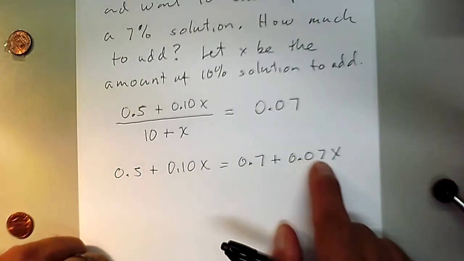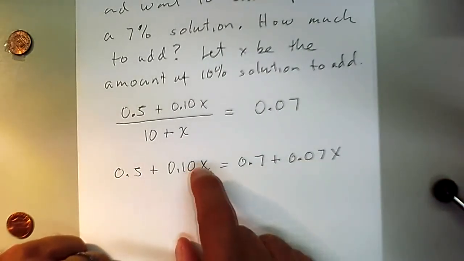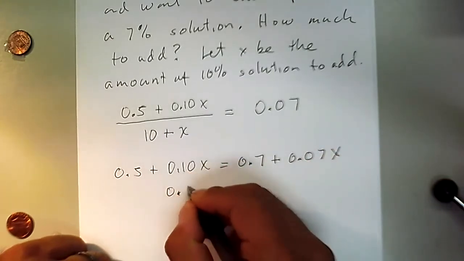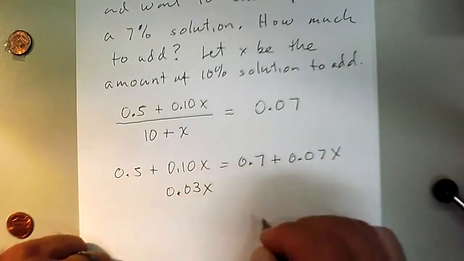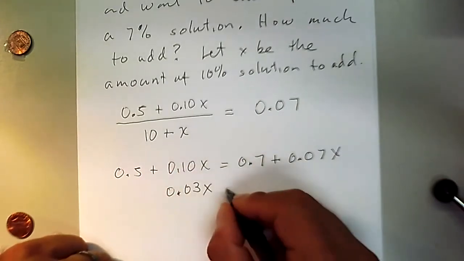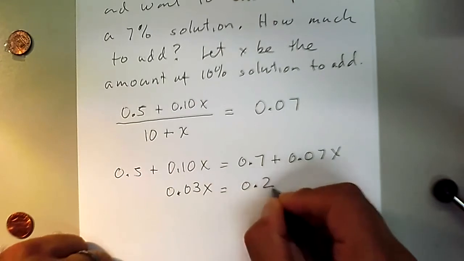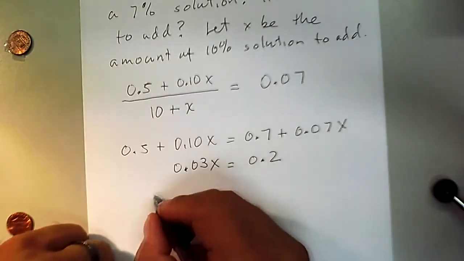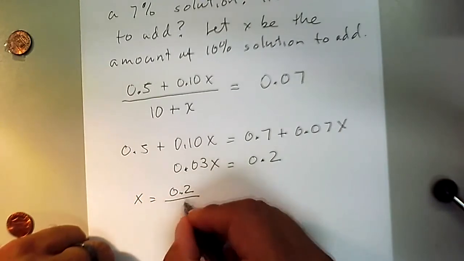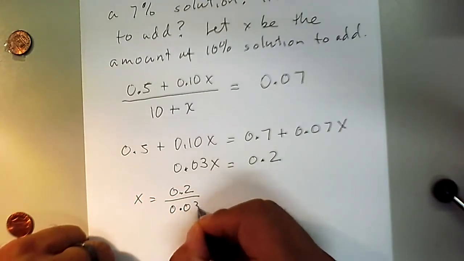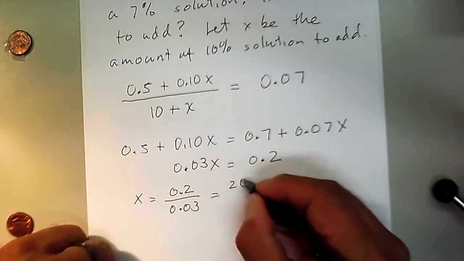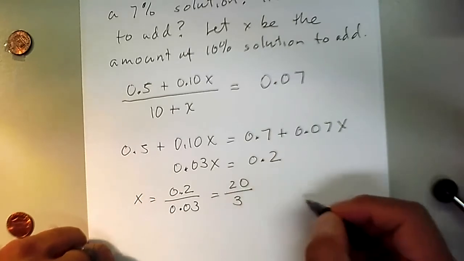Okay, so we have 7 and 10, so we can subtract this from that, and that is going to give us 0.03x, and then 0.7 minus 0.5 is 0.2. So x is 0.2 over 0.03, multiplied by 100, so we have 20 over 3.